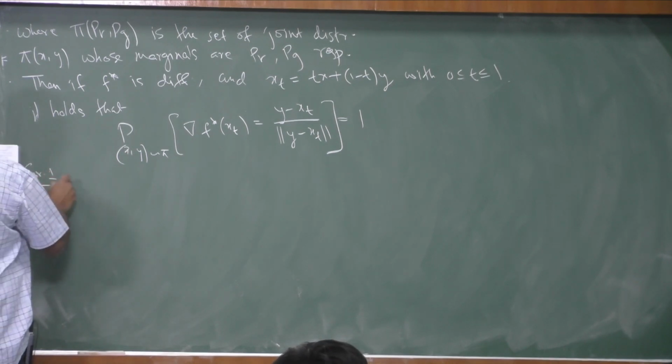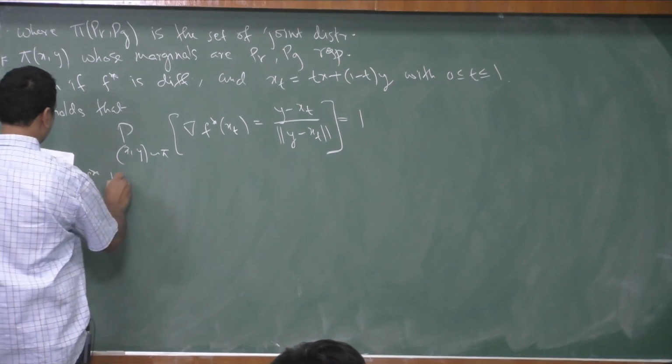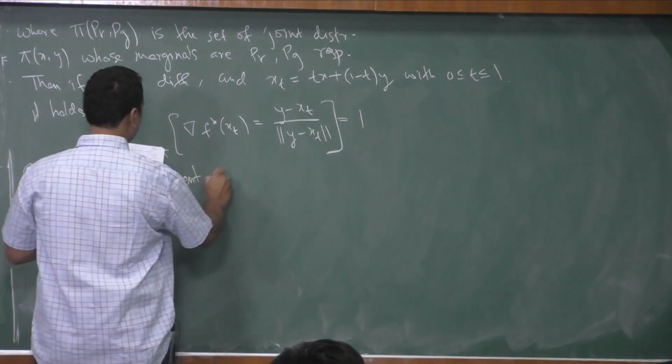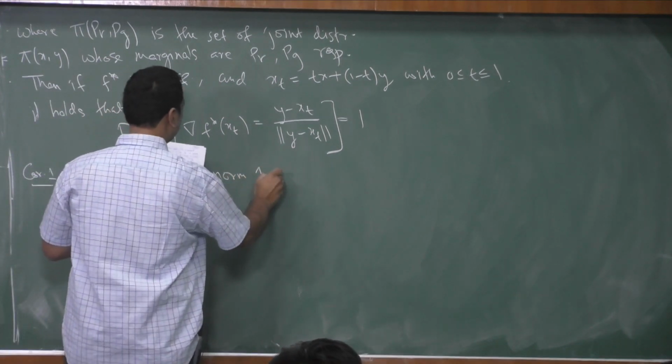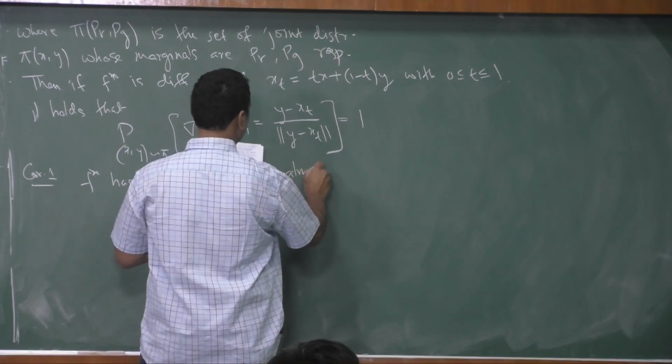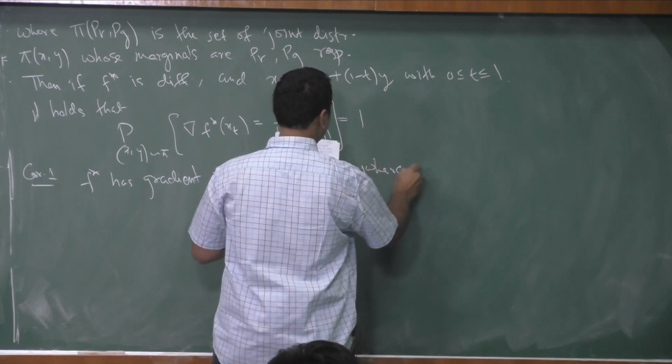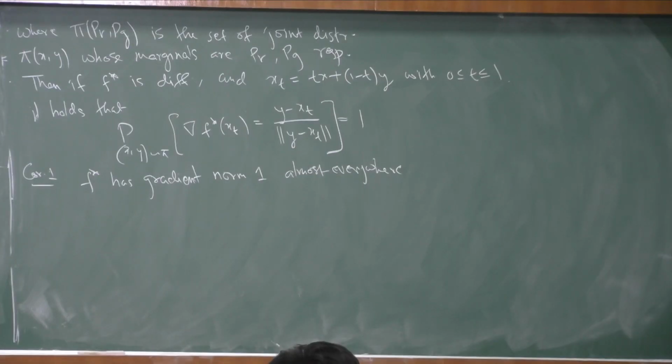So this implies f star has gradient norm 1 almost everywhere.